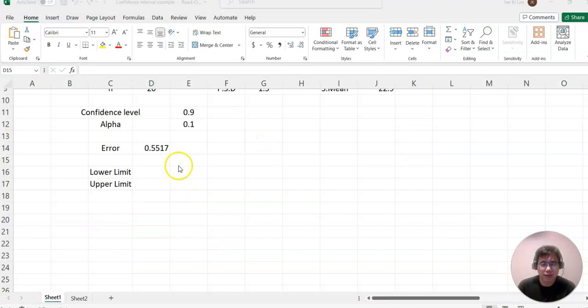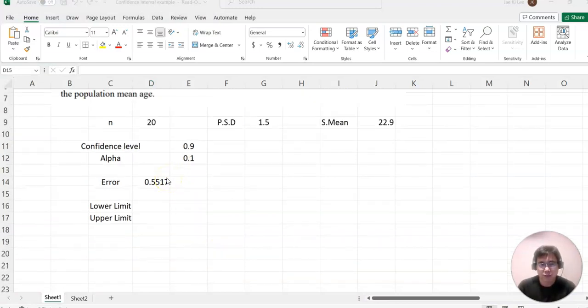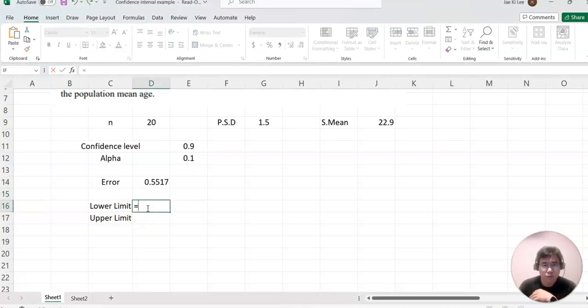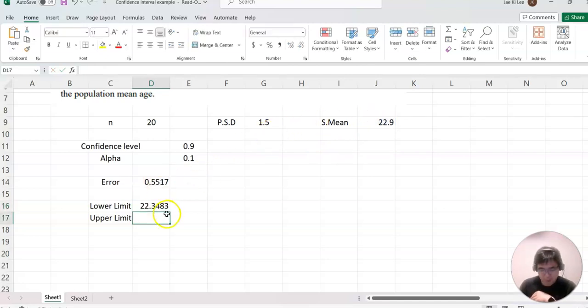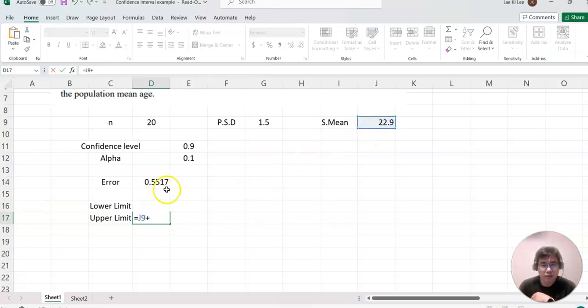Now based on this error, we can make the interval. So I'll say lower limit, which means we extend to the left-hand side, and upper limit, where we extend to the right side. The lower limit always equals the sample mean minus error, and the upper limit equals the sample mean plus error.